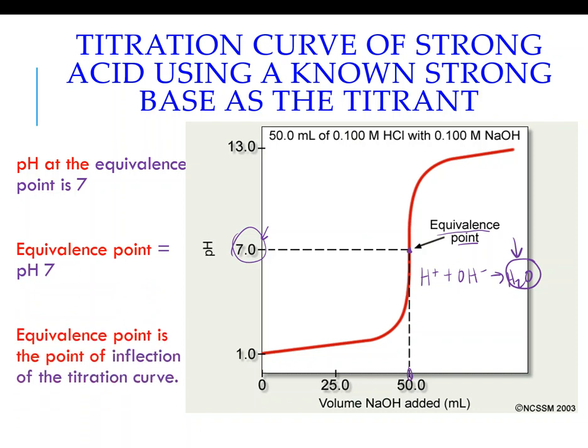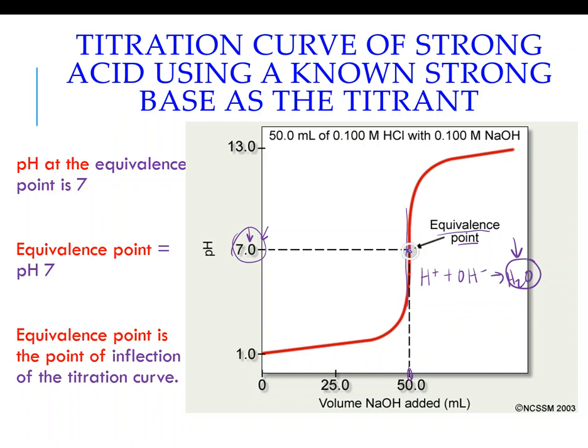Now it's this inflection of the titration curve. It's a steep part, and usually you can go right to the middle on a strong, and that of course would be over here, your 7 on the y-axis. This is a good example. It starts out very slow, and it does increase a little bit, but then all of a sudden it shoots up, and then at this point you're at 7.